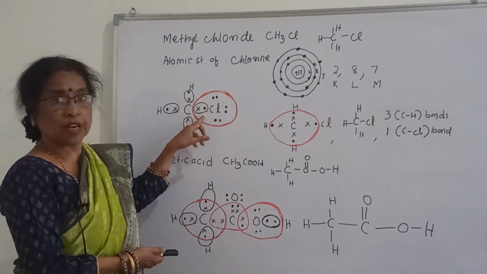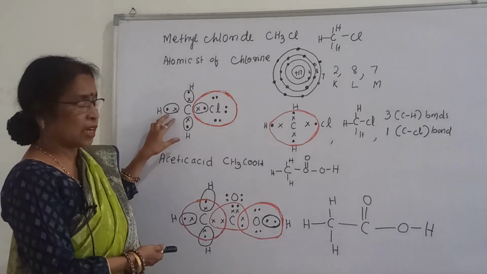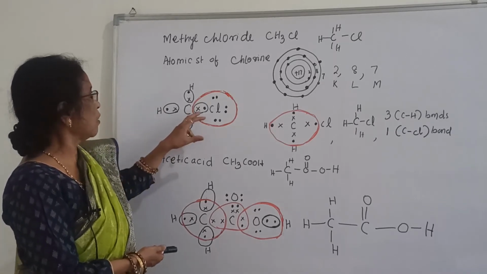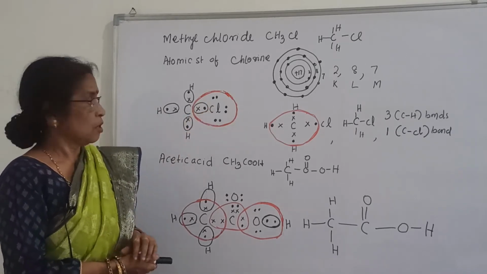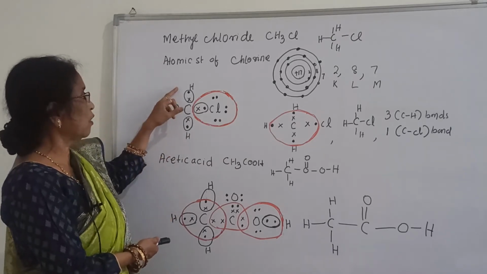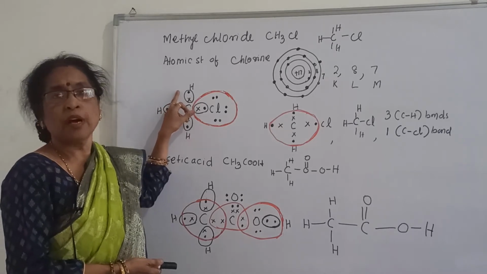Here it gives 1 bond, here also 1 bond, here 1, here 1. Then how many? 3 CH bonds and 1 CCl bond. And I told you hydrogen satisfies the electronic configuration of helium.